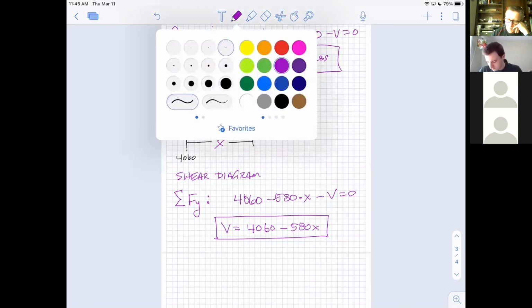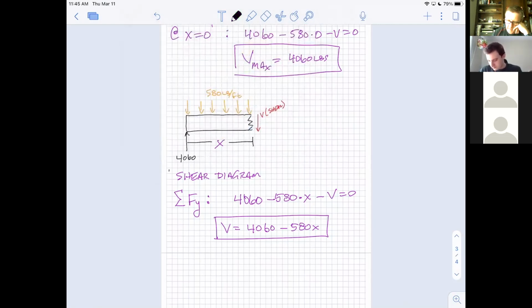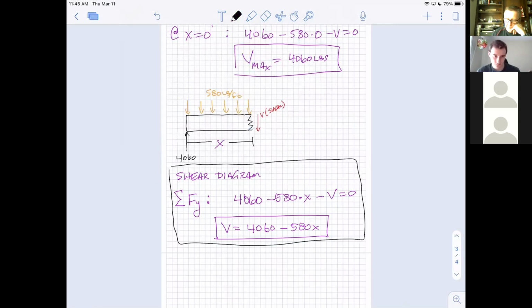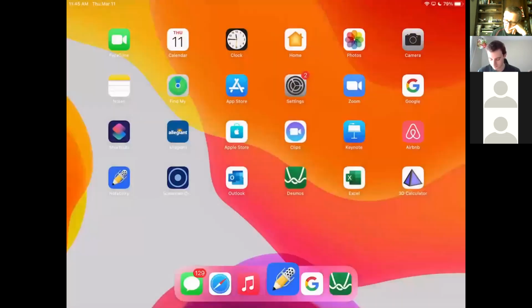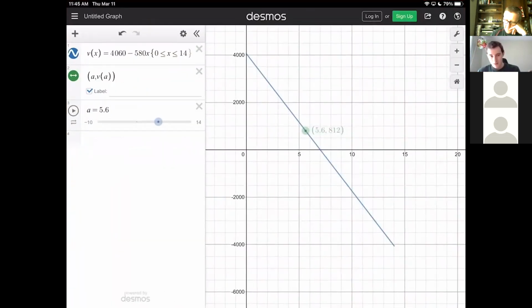So this is our huge takeaway. This is what we want to be able to do, is draw that shear diagram. And maybe I'll throw this in here really quick.